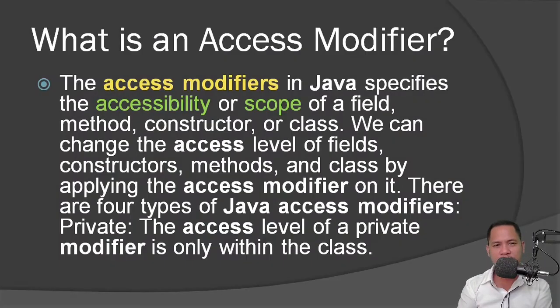So now let's take a look at what is an access modifier. The access modifier in Java specifies the accessibility or the scope of a field, a method, a constructor, or even a class. We can change the access level of these things through the use of the access modifier.